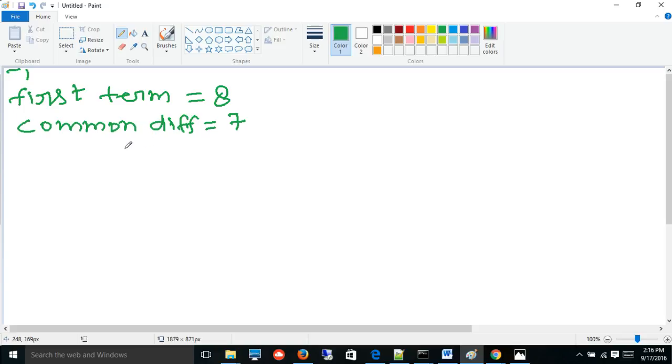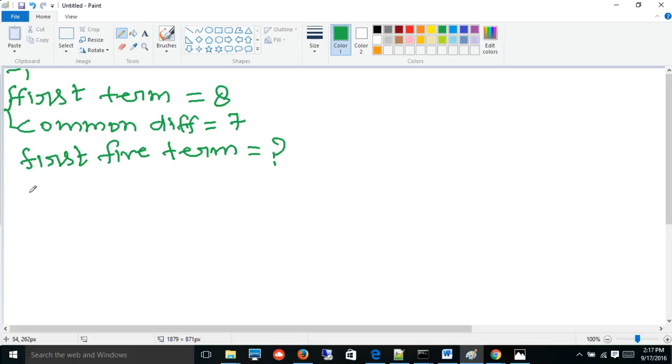These 2 things are given, and what they are looking for is the first 5 terms. So we read the question and we got it: these 2 things are available and they are expecting this answer.